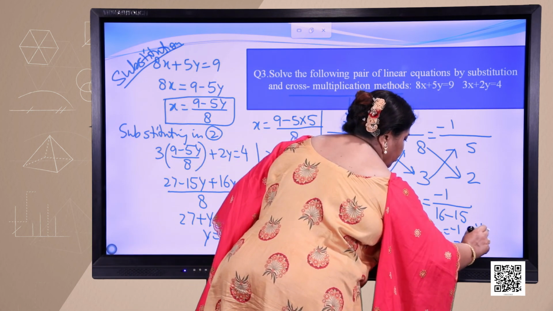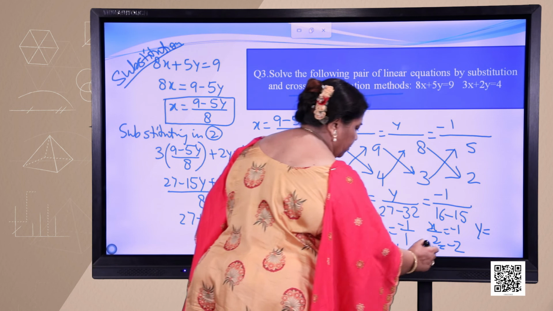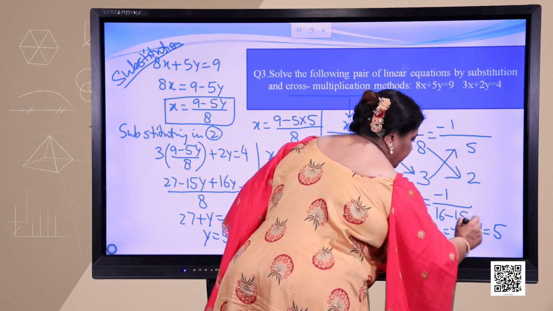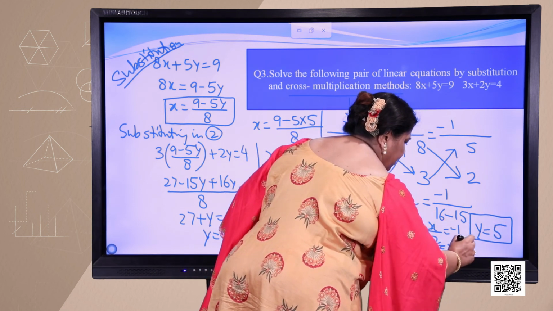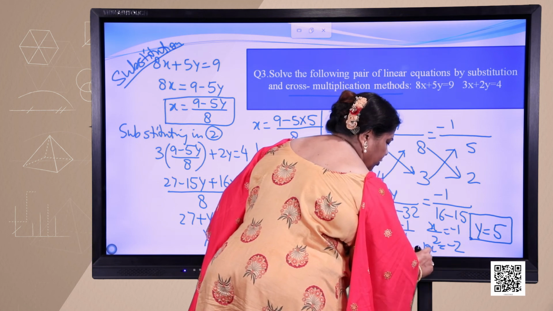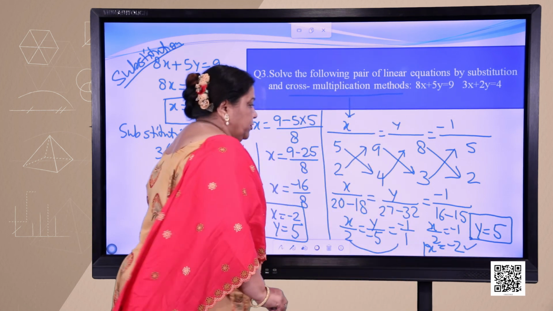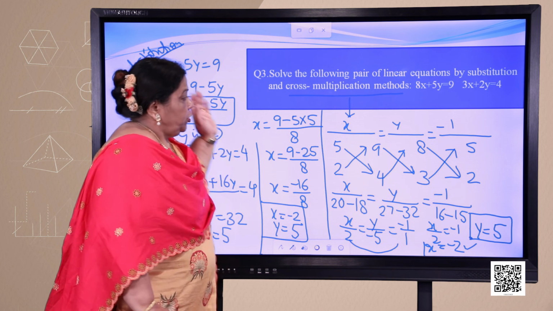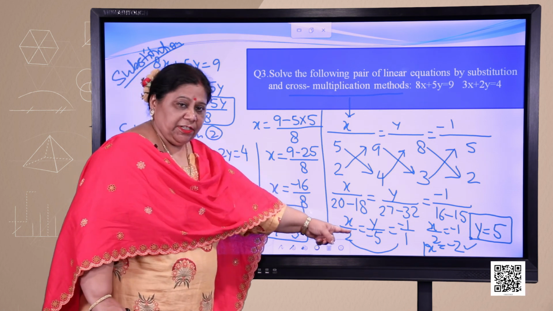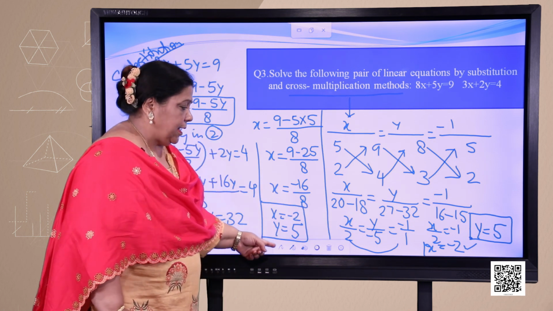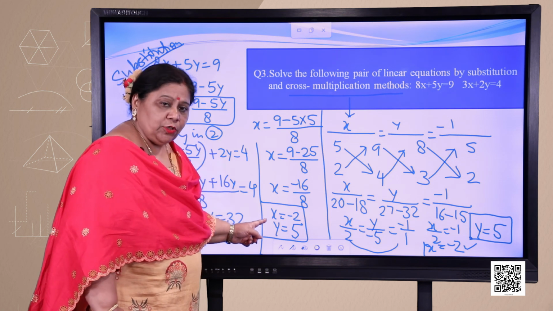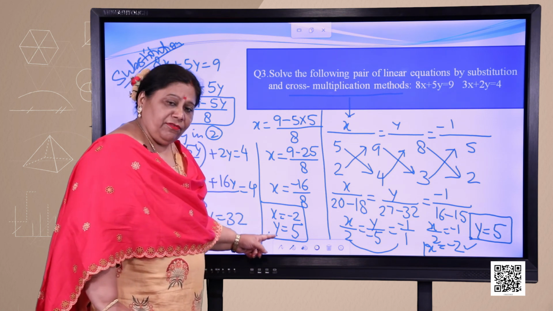Y is equal to, what is minus 5 into minus 1? It is 5. So, value of y is 5 and value of x is minus 2. We have solved this question by substitution method and cross multiplication method, and you can see we get the same answers, x as minus 2 and y is equal to 5.